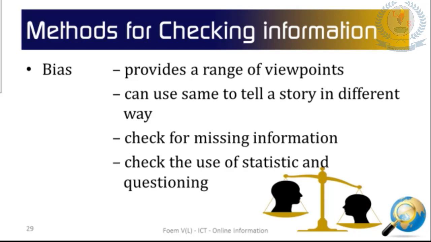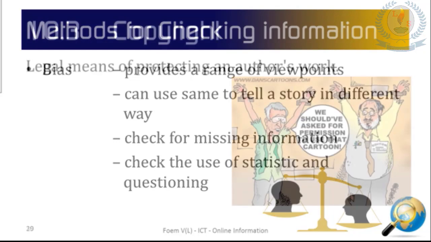Provides a range of viewpoints. You can use the same information to tell a story in different ways. Check for missing information, and check the use of statistics and questioning. If you can provide these statistics, that will be a very correct answer because you are proving that point with evidence.